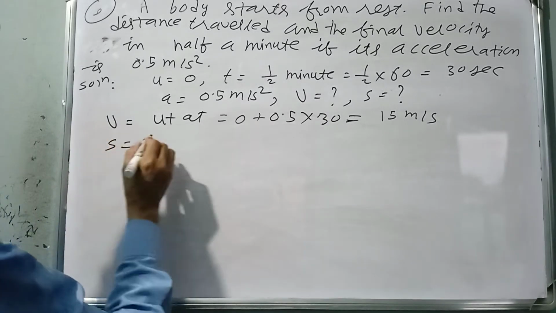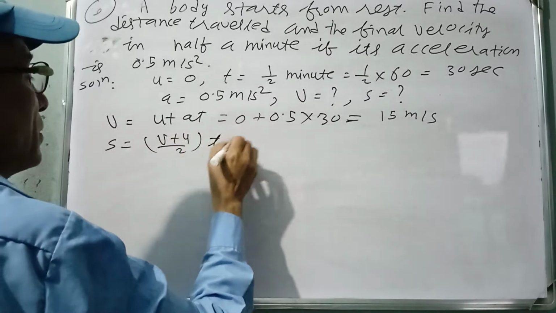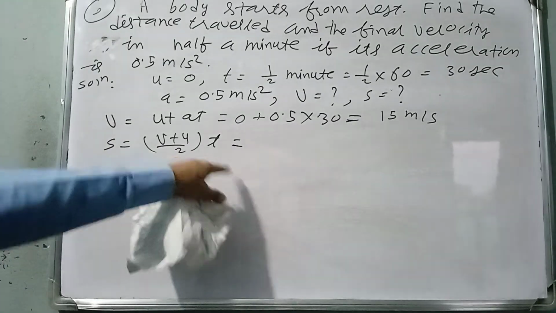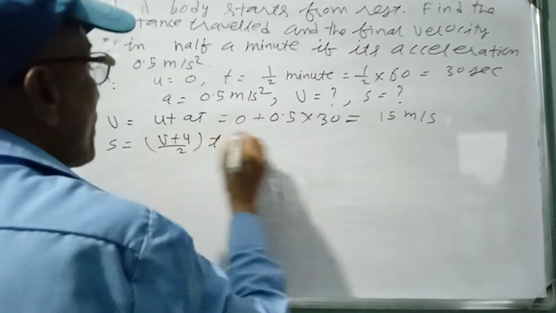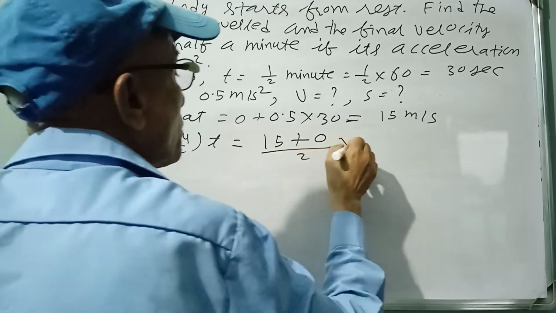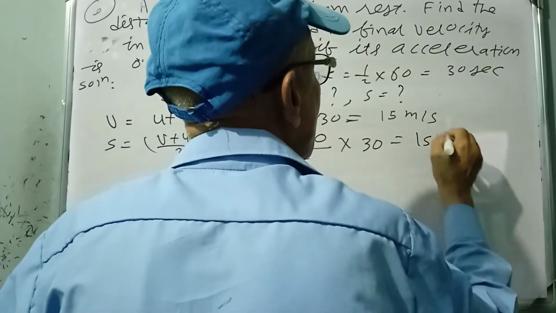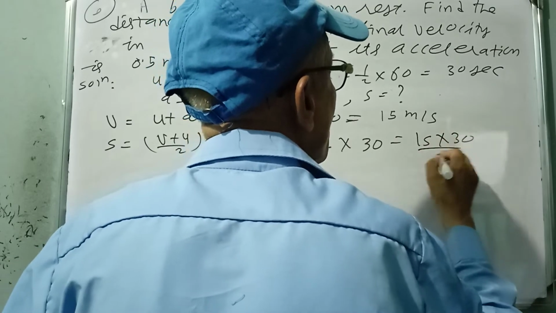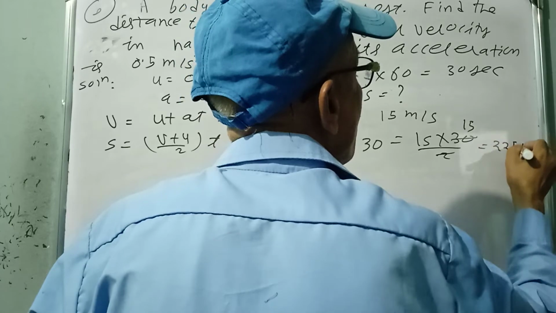And what is the distance travel? v plus u by 2 into t. Average velocity into time taken is distance travel, v 15 plus initial velocity u upon 2 into time taken 30. 15 into 30 by 2, cancel, 15 into 15, 225 meter.